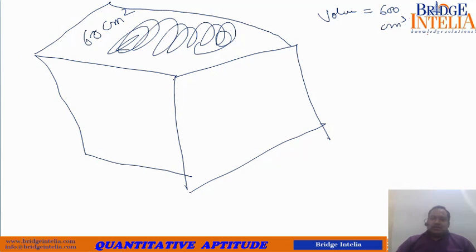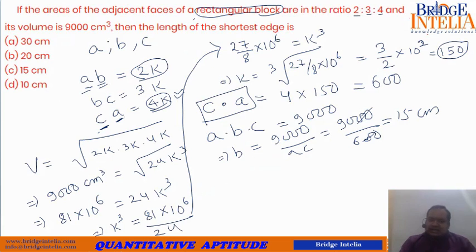Then you can immediately calculate the height, because height into area will be equal to volume. So area into height is equal to volume. So if the area of one surface is known, that means the third edge can be found out.